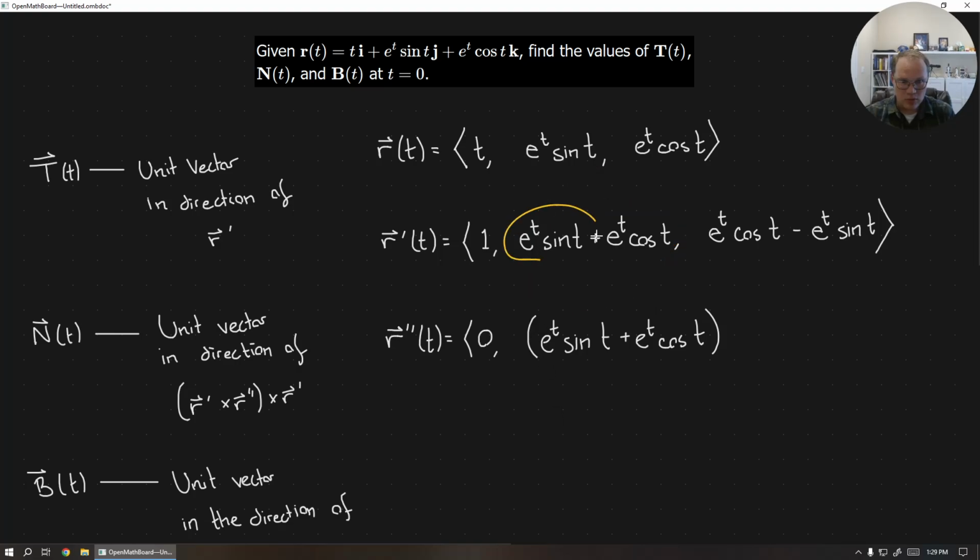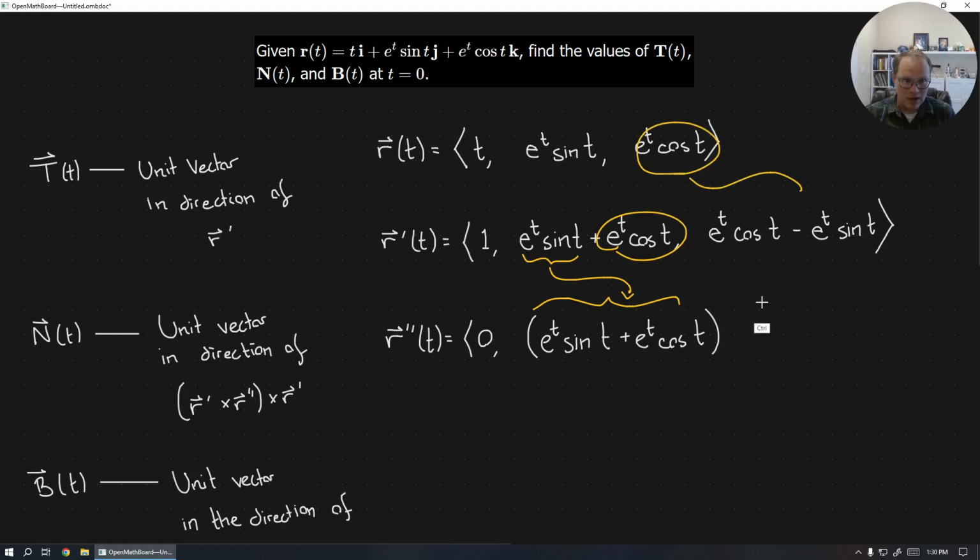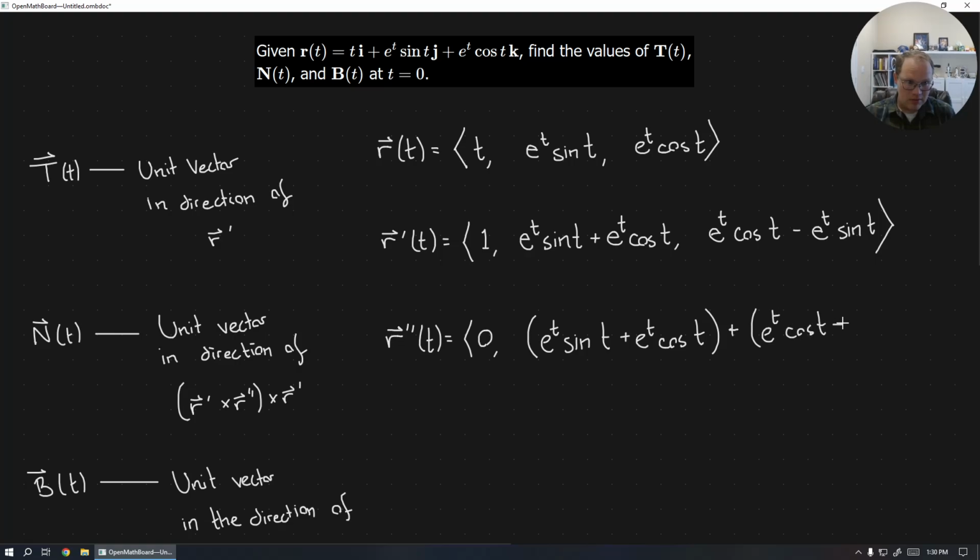Okay, so I'm taking the derivative of this guy. Right? And now for e to the t cosine t, I already did a derivative of e to the t cosine t, so let's just plug that in. Don't have to do a whole lot of thought here. I get e to the t cosine t minus e to the t sine t. Okay, now that's just my second component.